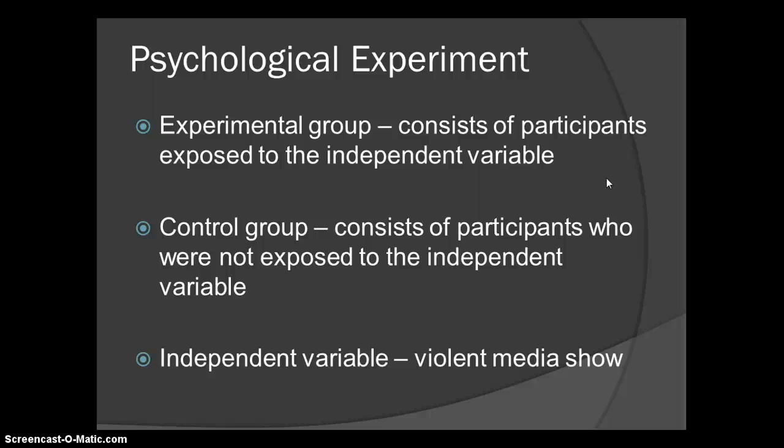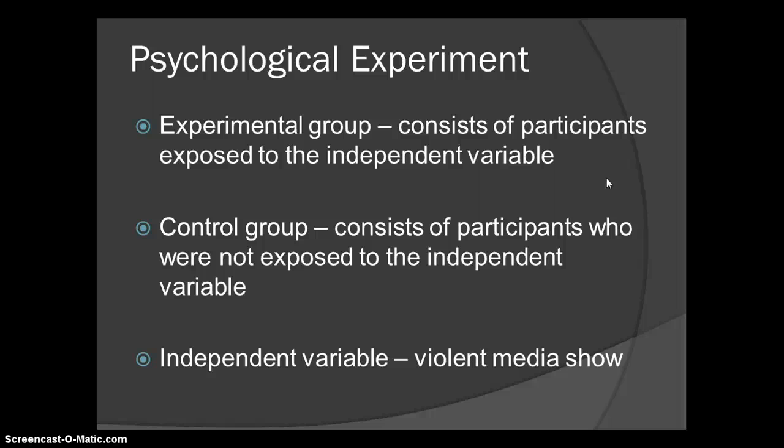And the reason why we usually have control groups when conducting psychological research is to have an example of what is going to happen with the participants when they're not exposed to the independent variable. So what's going to happen to the participants when they're not exposed to the violent media show?